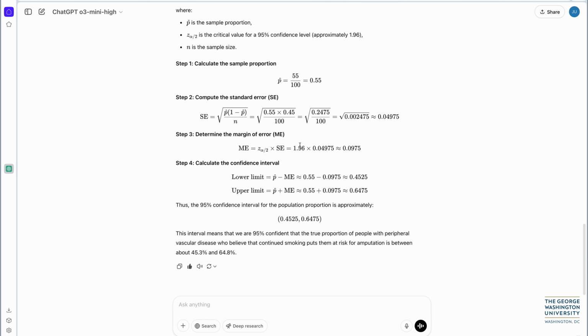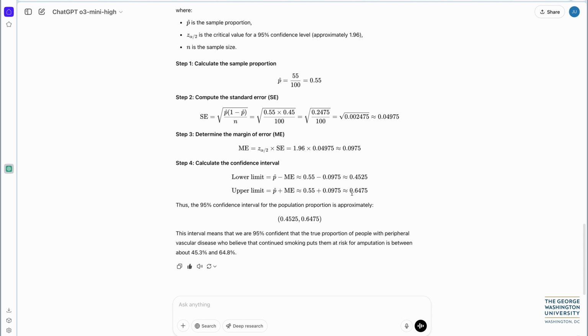It plugs in all the values for us and gets a lower limit of 0.4525 and an upper limit of 0.6475. So that's our confidence interval. We are 95% confident that the true population proportion of people who say yes to this question is between 45% and 64.75%. Remember, that's what we state, but that's not quite correct.